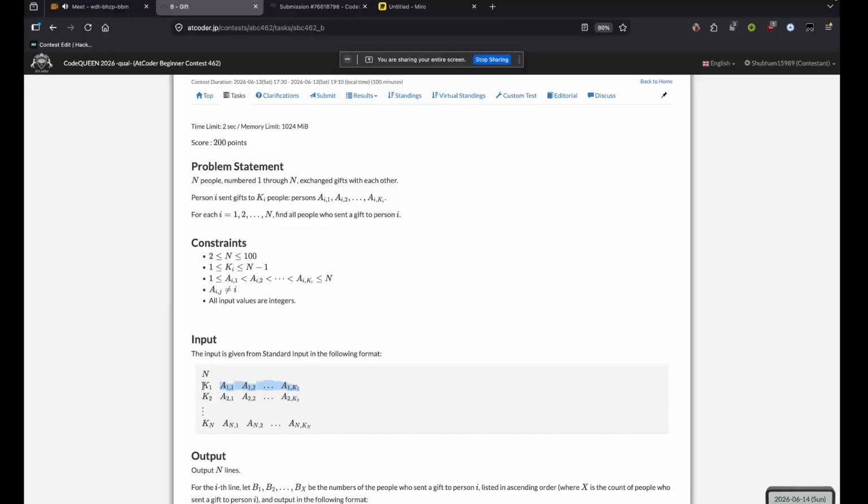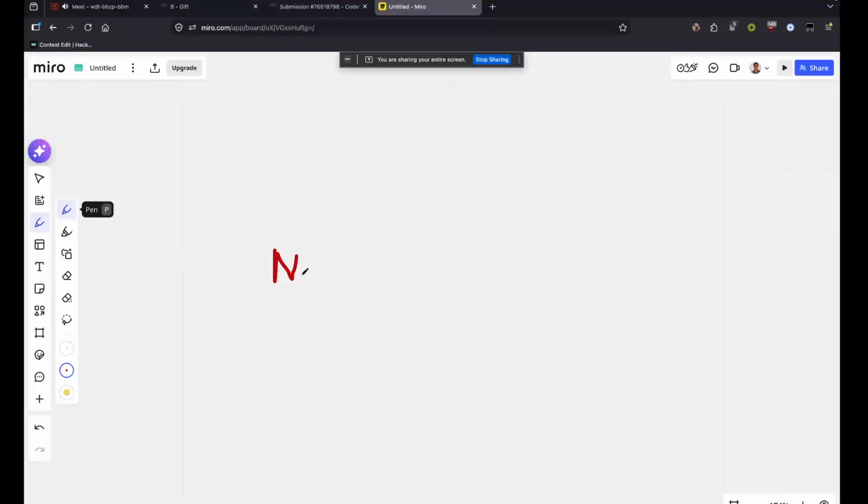Like if it is index one, these persons are getting gifts from that person. And k is the number of people that will be receiving gifts from the index i person.